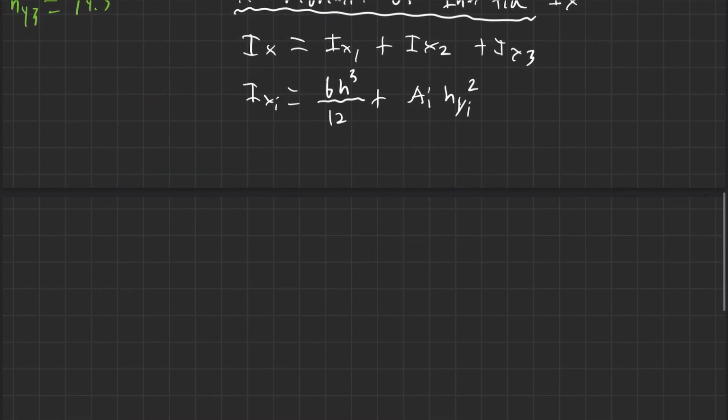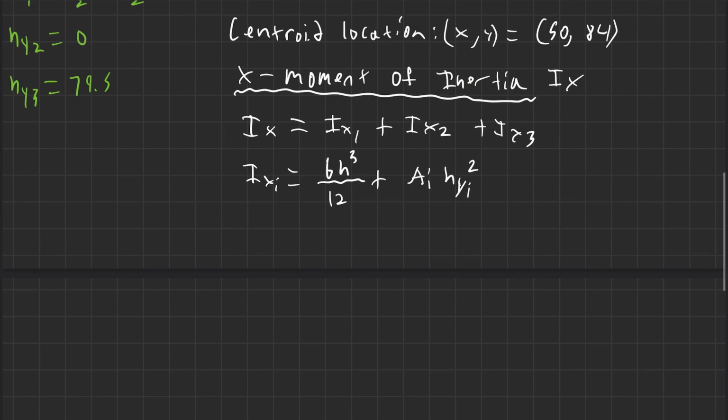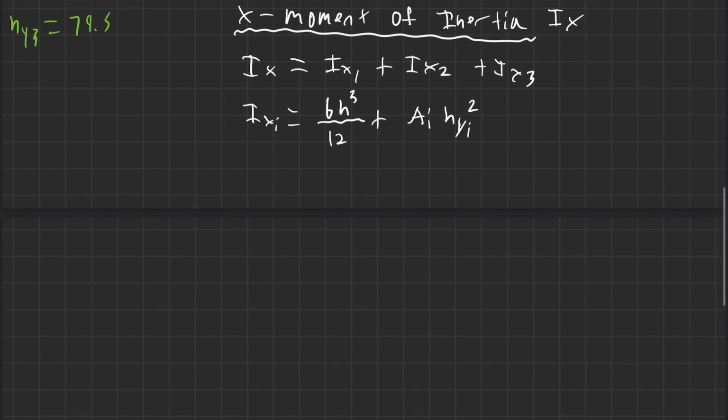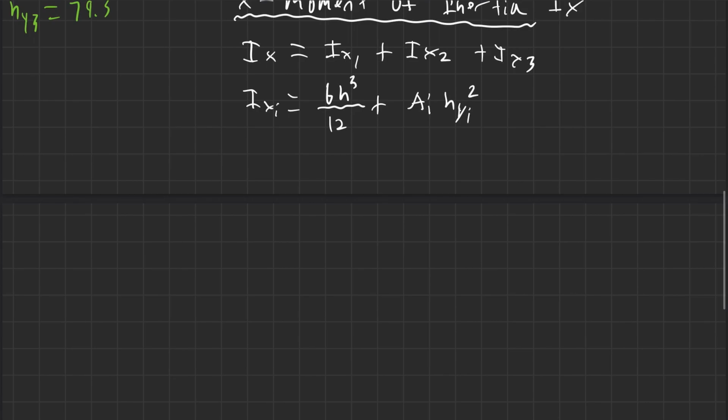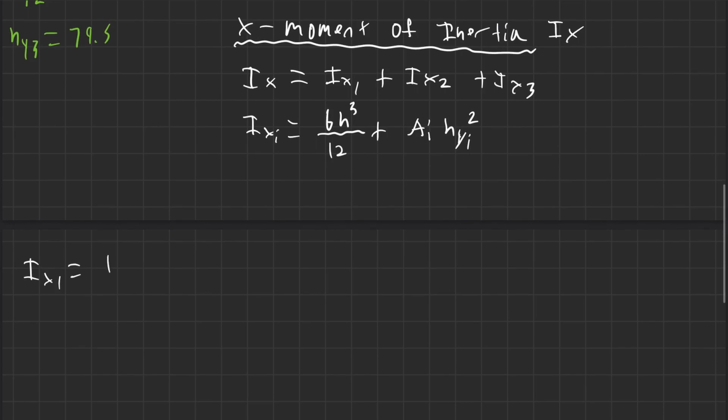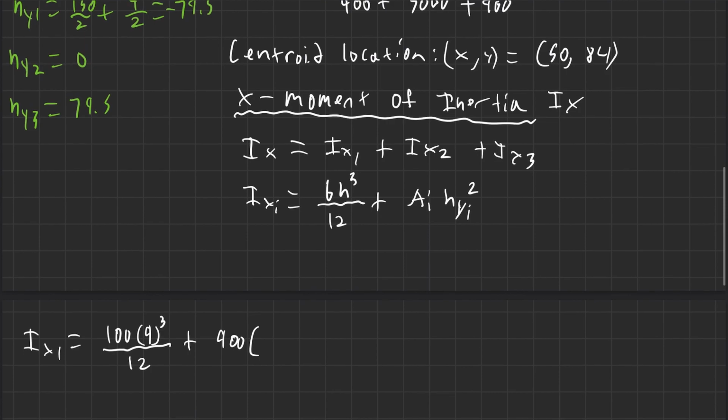All right, so let's continue and calculate each moment of inertia for the x. So let's do x1. And for x1, we have the base, which we know is equal to 100, and we have the height, which is equal to 9, all divided by 12. And then we're going to add the area, which is 900, times hy1.